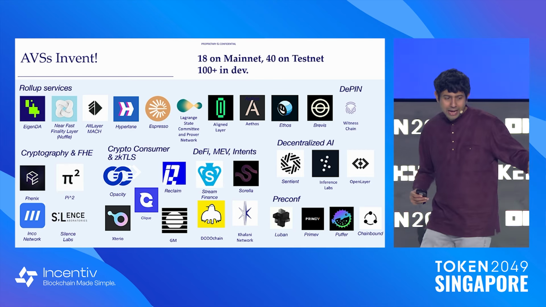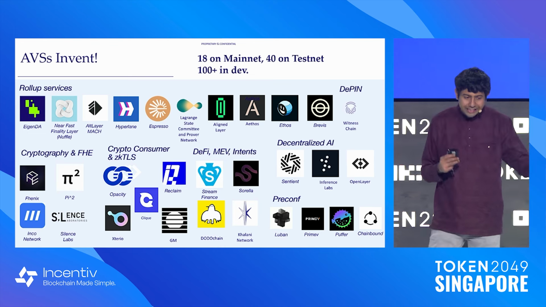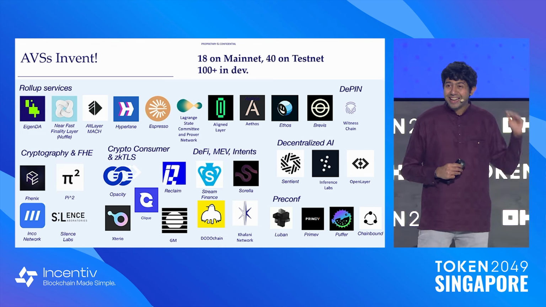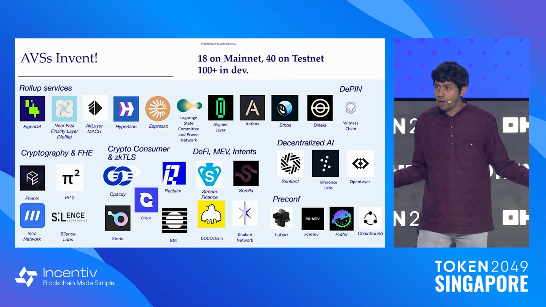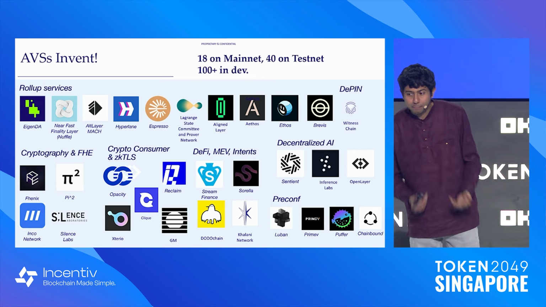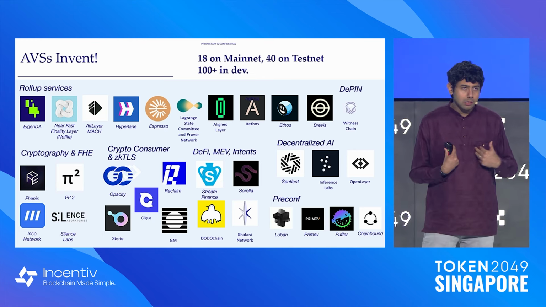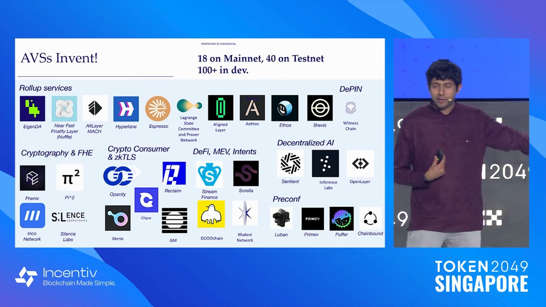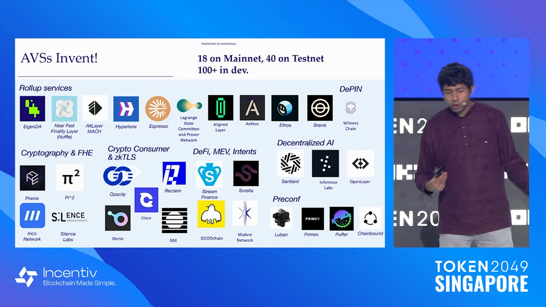And that's what we see happening. It's roll-up services, we see DePIN, we see new cryptography, like fully homomorphic encryption. If you look at all computation today, in blockchains it's all done in plain text, but you want privacy, so can you do computation on encrypted data directly? So fully homomorphic encryption.